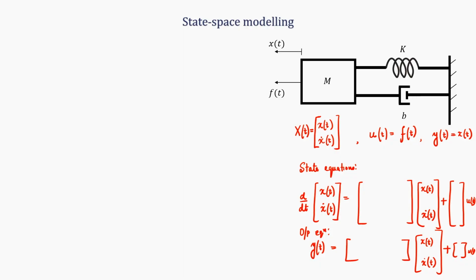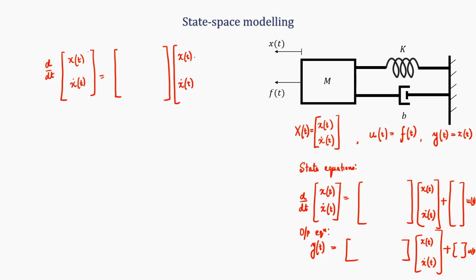So, let us try to write it down. d/dt of [x(t), x dot(t)]. Now let us try to see what the first equation will be like. On the left hand side you have x dot, because the first equation is d/dt of x(t), which is x dot.